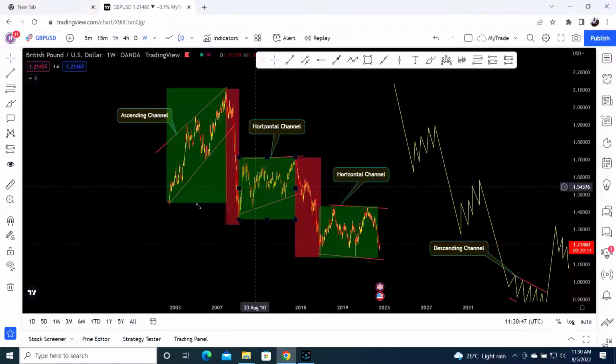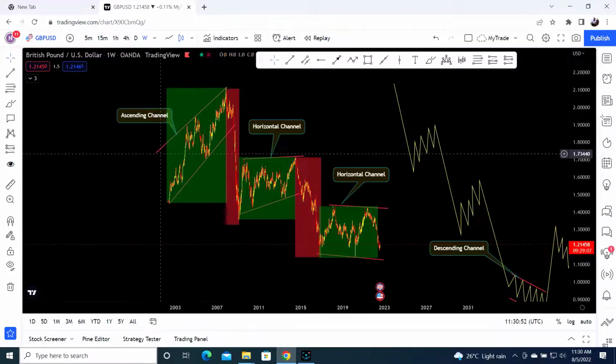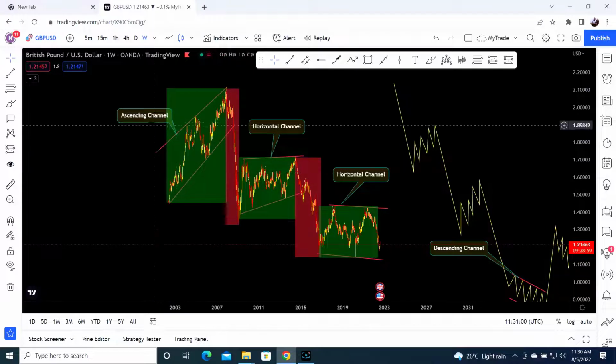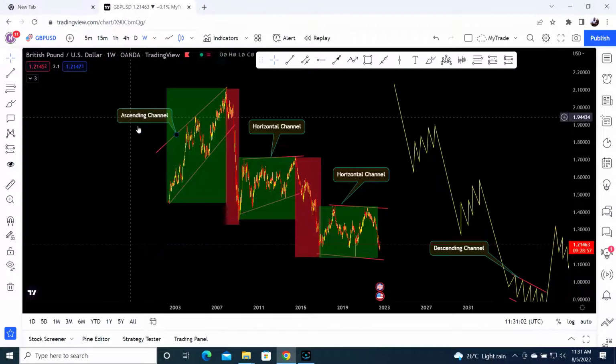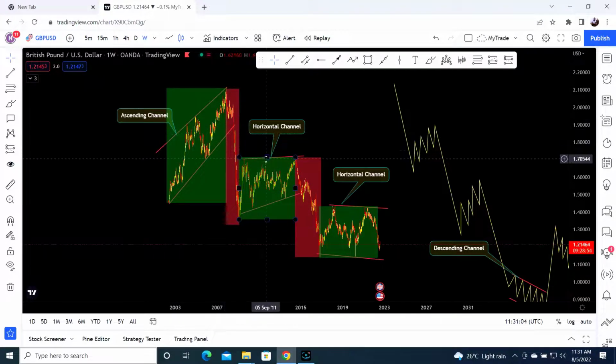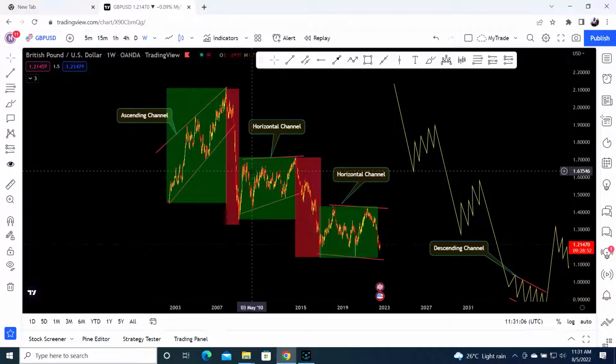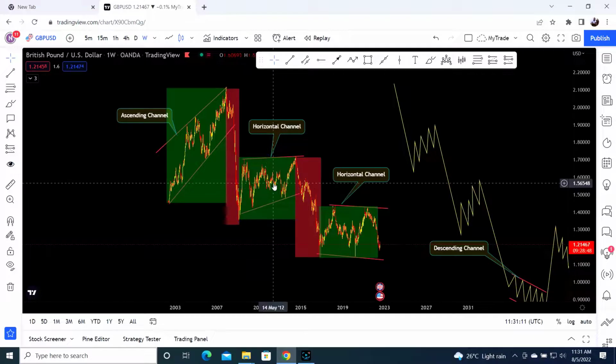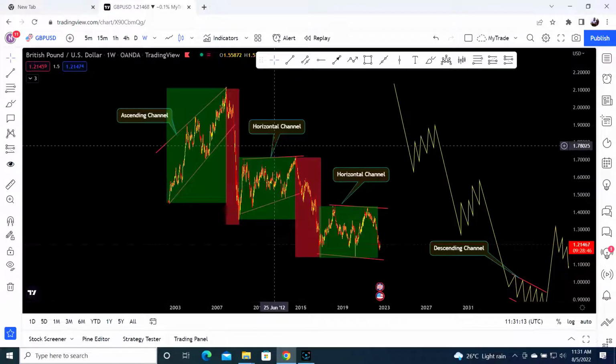All right. Now, when you look at this piece of price action here, it is corrective in nature. So we can classify it as an ascending pattern. That's why it is called an ascending channel. When you come here, the corrective pattern is horizontal in nature, so it is called a horizontal channel.